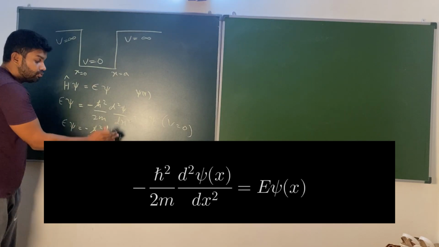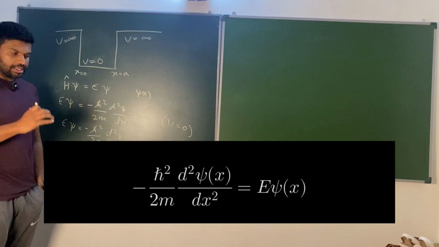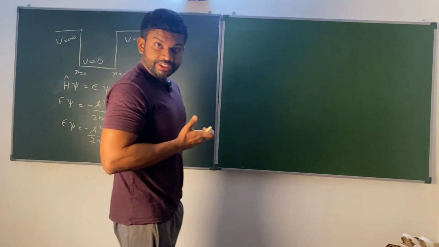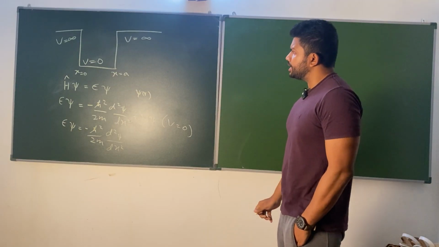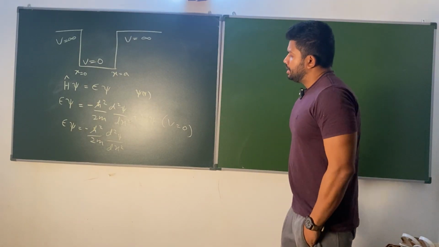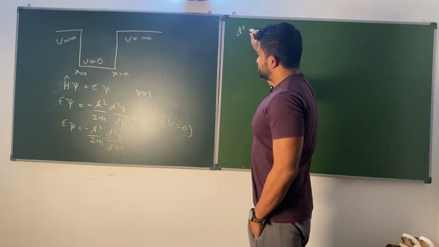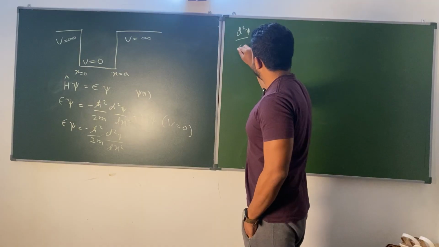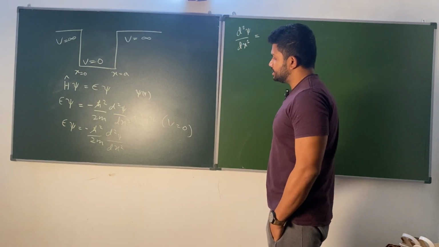Now I want to find what exactly the wave function looks like. That's my next objective. Let's give it a try. So now, guys, let me start over here. I can clearly see that my second derivative, d squared phi over dx squared, is equal to this.